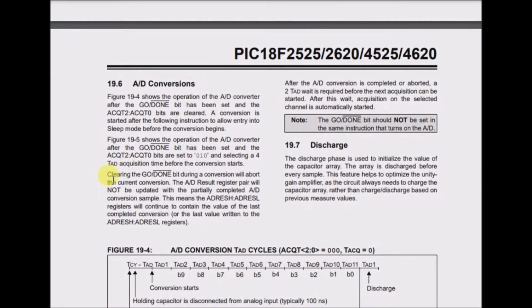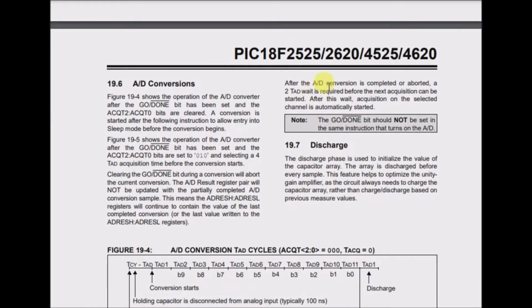Clearing the GO/DONE bit during a conversion will abort the current conversion. The AD result register pair will not be updated with the partially completed AD conversion sample. This means the ADRESH:ADRESL registers will continue to contain the value of the last completed conversion or the last value written to the ADRESH:ADRESL registers.